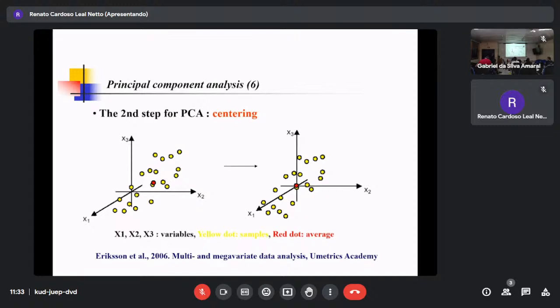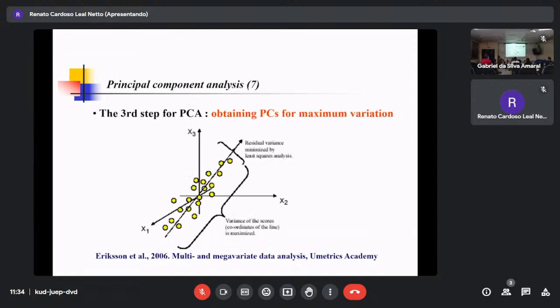After that, the zero point is moving here because of centering. Why we have to do centering, I will explain later. After that, still, Bruni has 3 variables, right? Height, weight, and foot size. Now, I want to reduce the data.